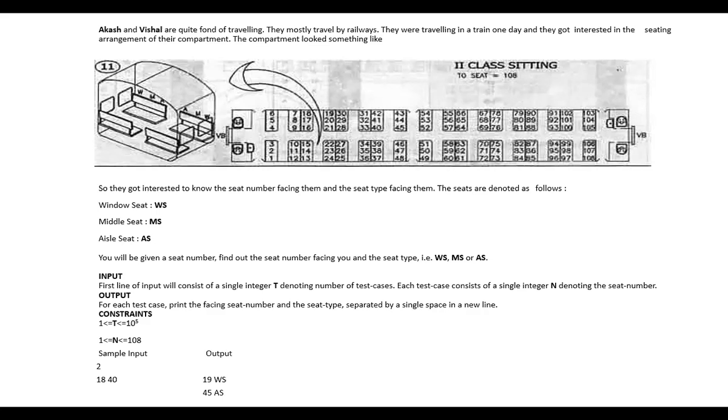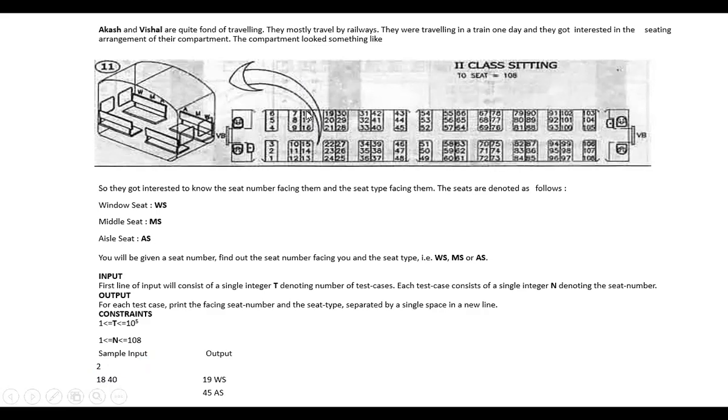So the constraints are given that the test cases should be ranging from 1 to 1 lakh, and the seat number should be ranging from 1 to 108. So the sample input is given as 2. 2 means there are two test cases, and for 18 and 40 we have to check.